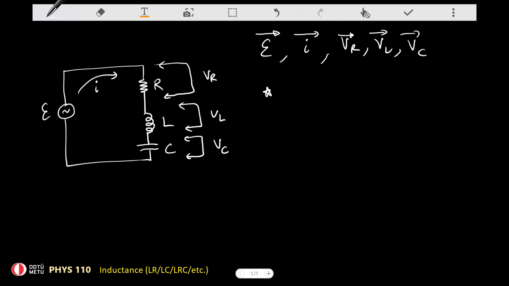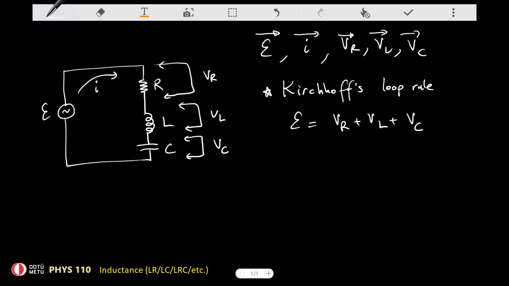The first relationship is Kirchhoff's loop rule, which basically says that the EMF is equal to the sum of the potential drops on all of these three devices.